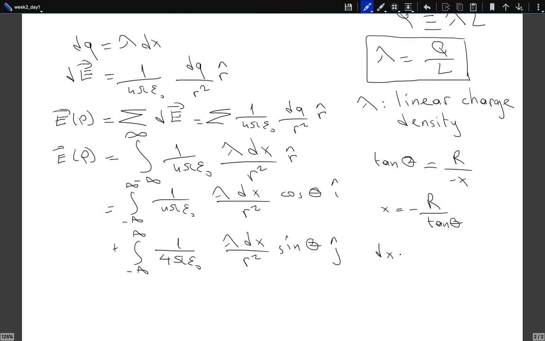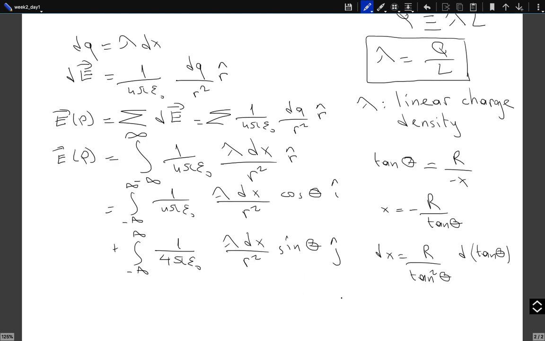What is dx? Well, let's see, r over tangent squared theta times the differential of tangent theta. What is the differential of tangent theta?